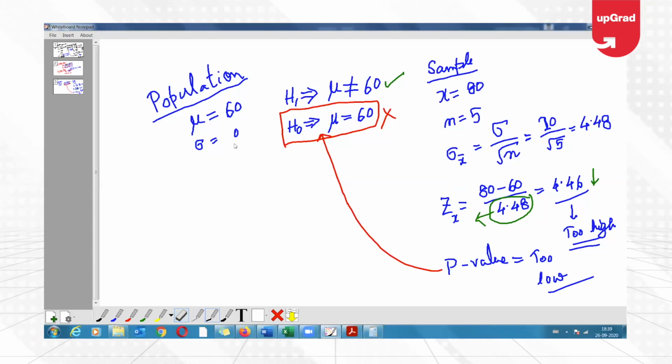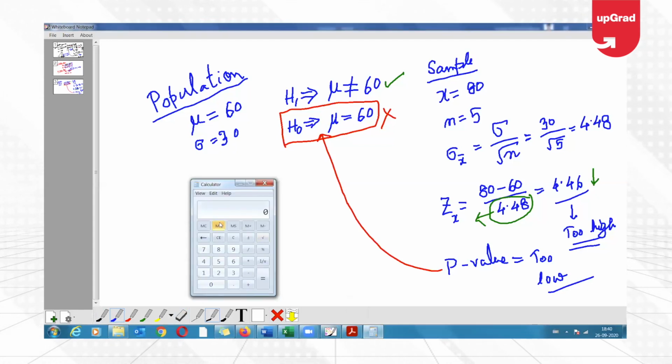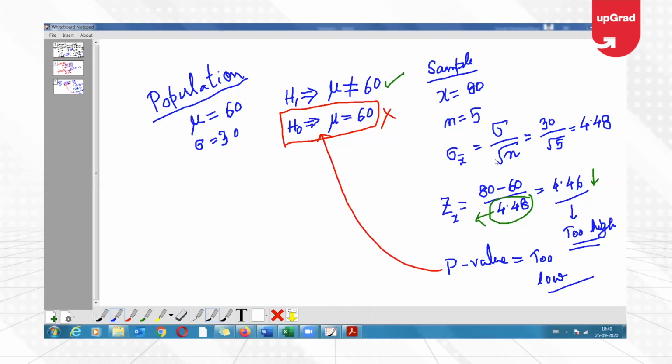So let me make it even higher. Say 30. Let's see now. Does that make a difference now? So 30 divided by square root of 5. Let's try this one. 13.45. Yeah, now I think we should get something meaningful.